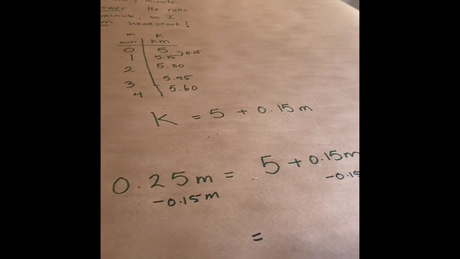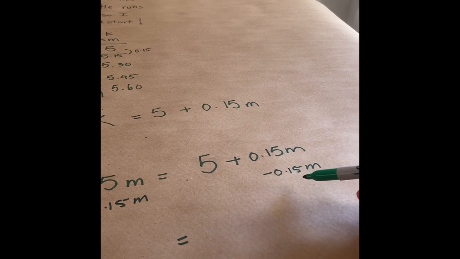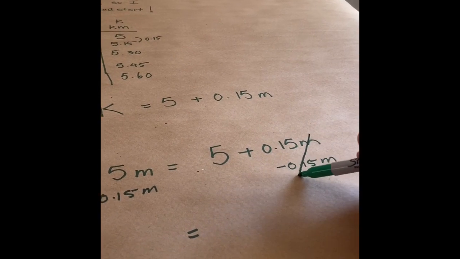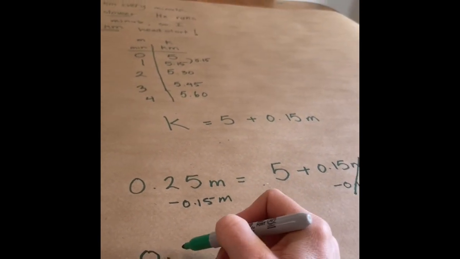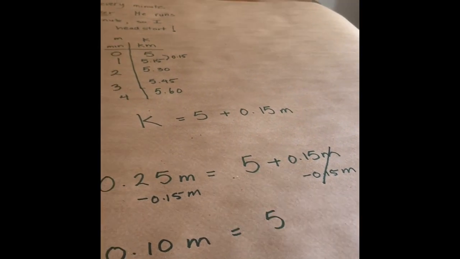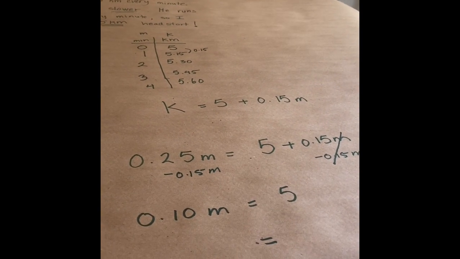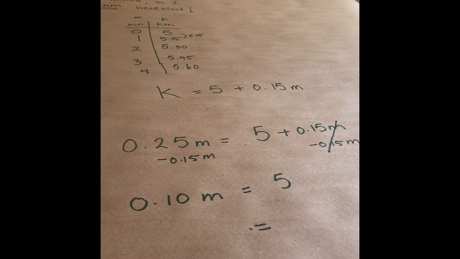I'm going to go 0.15 minus 0.15. This cancels out. Here I just have 5, and here I have 0.10 m.